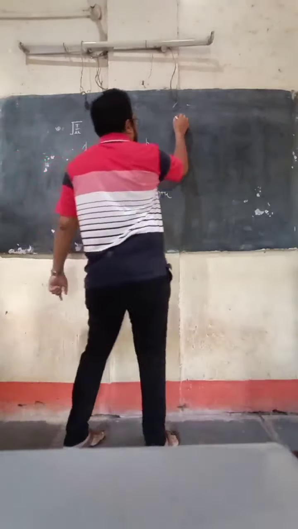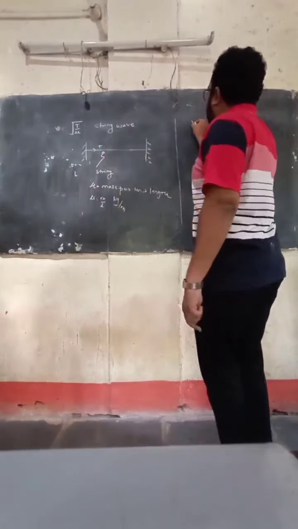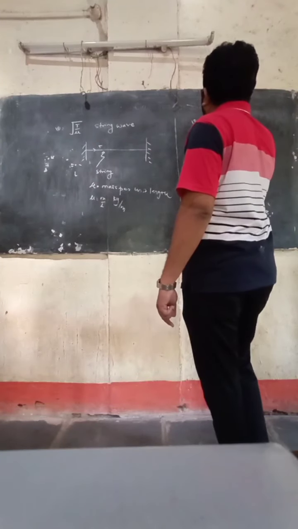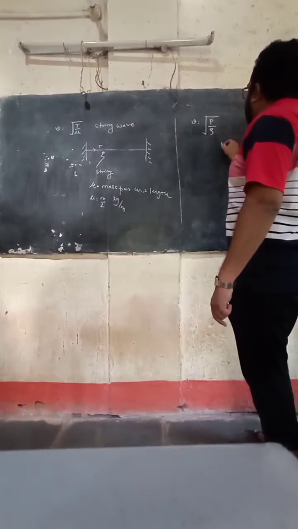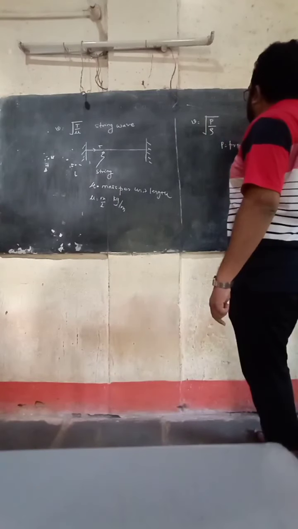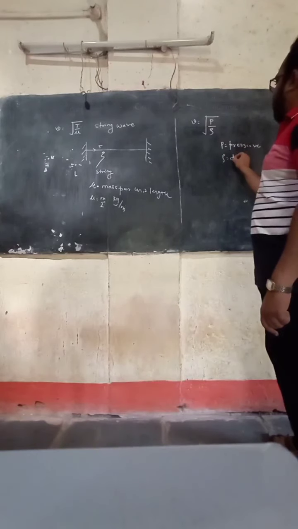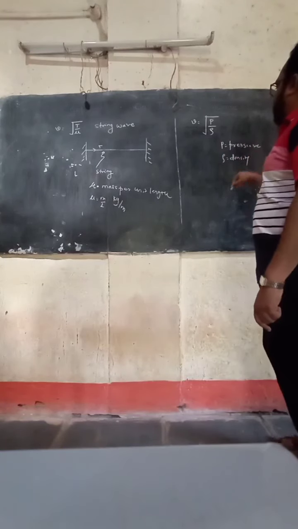Now in case of sound wave, the velocity is under root P by rho, where P is the pressure and rho is the density of medium.